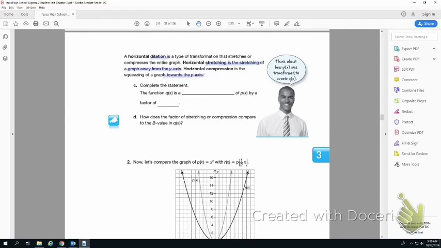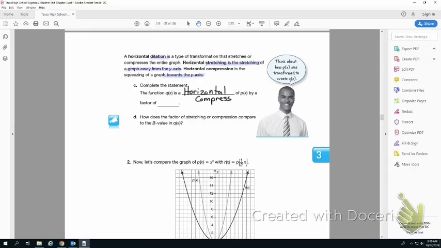So whenever that b value was greater than 1, it was 2, that is a horizontal compression by what factor? Not 2, 1/2.